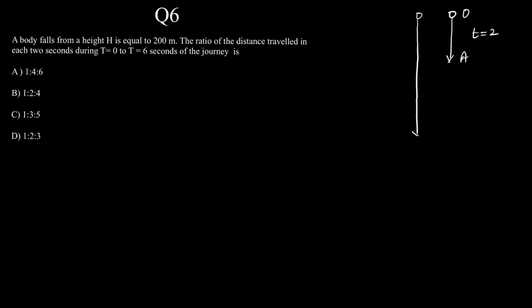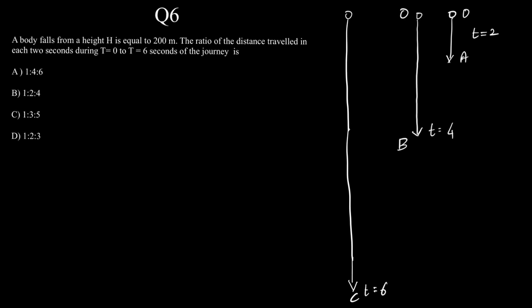In time, say, t is equal to 4 seconds, it travels even further. Now, in time t is equal to 6 seconds, say it reaches C. So, this much distance is covered in 6 seconds.